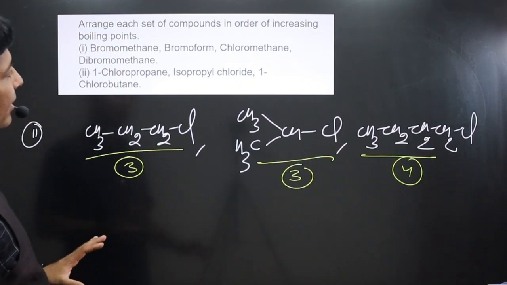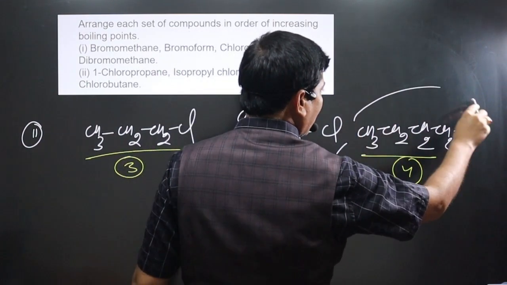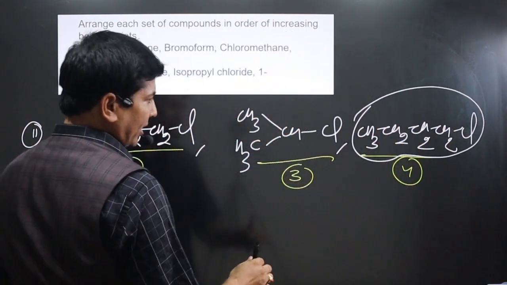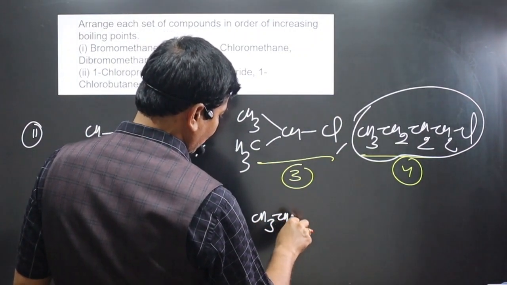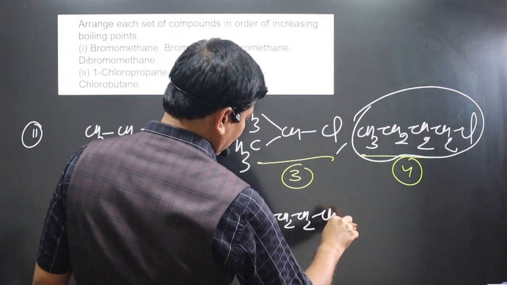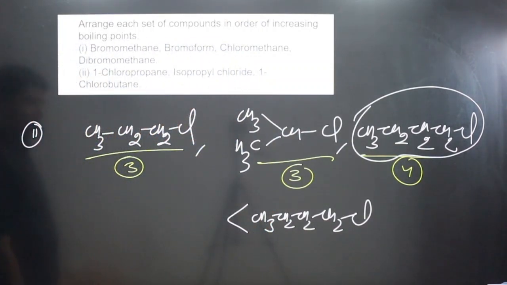Since we have to write in increasing order, the highest boiling point will be for 1-chlorobutane, CH3CH2CH2CH2Cl.